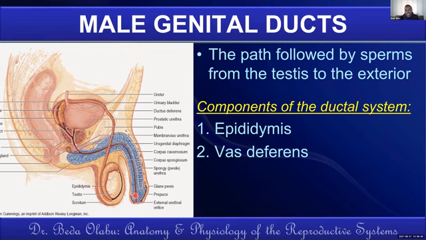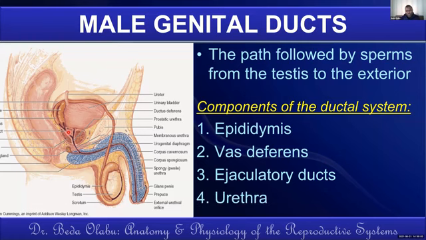From the vas deferens, sperms go to the ejaculatory ducts. The ejaculatory ducts are formed by union of the duct of seminal vesicles with the vas deferens. That's what you call the ejaculatory duct. The ejaculatory duct in particular passes through the prostate gland. The right and left ejaculatory ducts then open into the urethra.